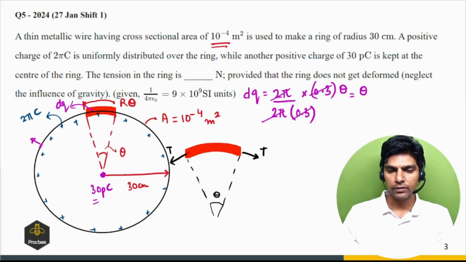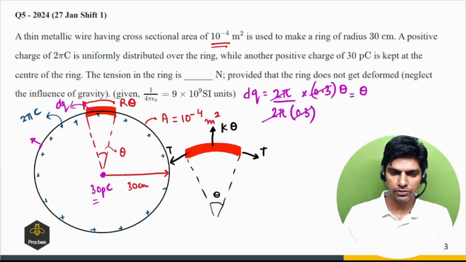If we try to see all the forces acting on this element, there will be a repulsive force in the radially outward direction, and that is nothing but K dq, which is theta, times the charge at the center, which is 30 picocoulomb, divided by 0.3 square, right? So that is the force.